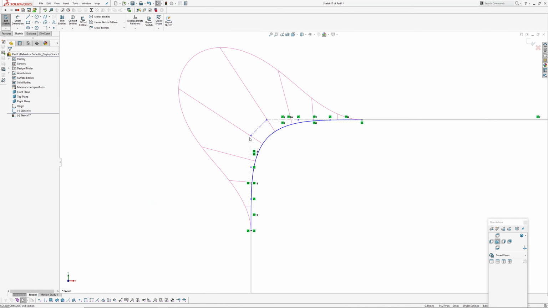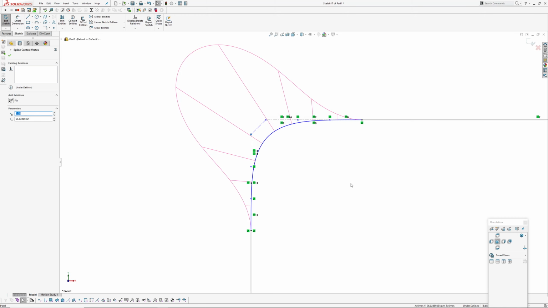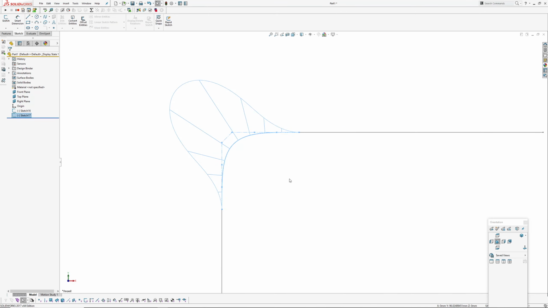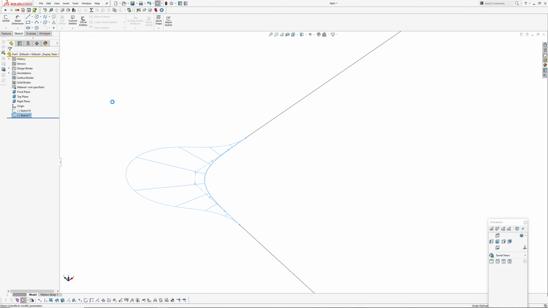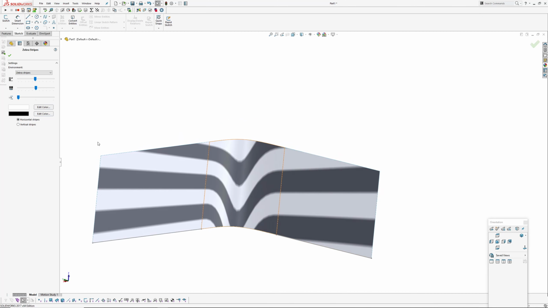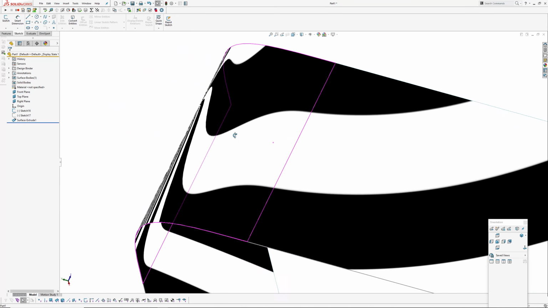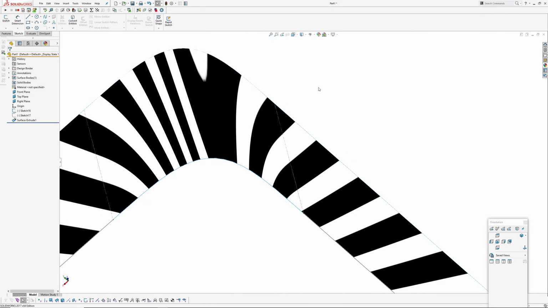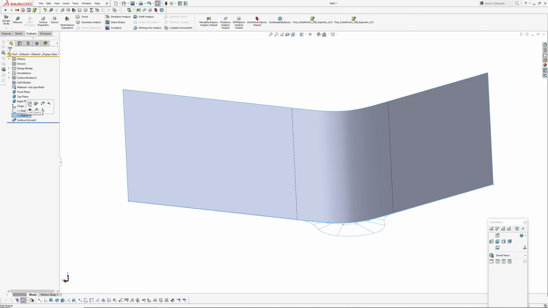You can also make a G4 corner. Solidworks Sketcher. If I accept this, let's have a look at our G3 corner. Zebra stripes. I'm going to make that G4.